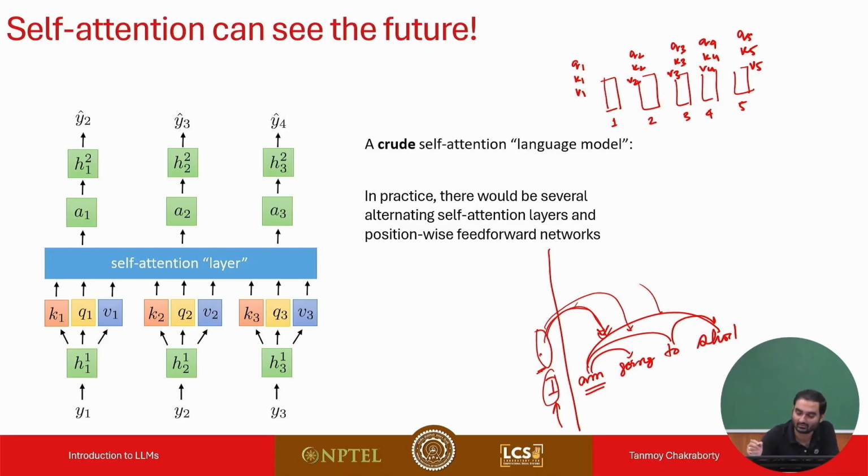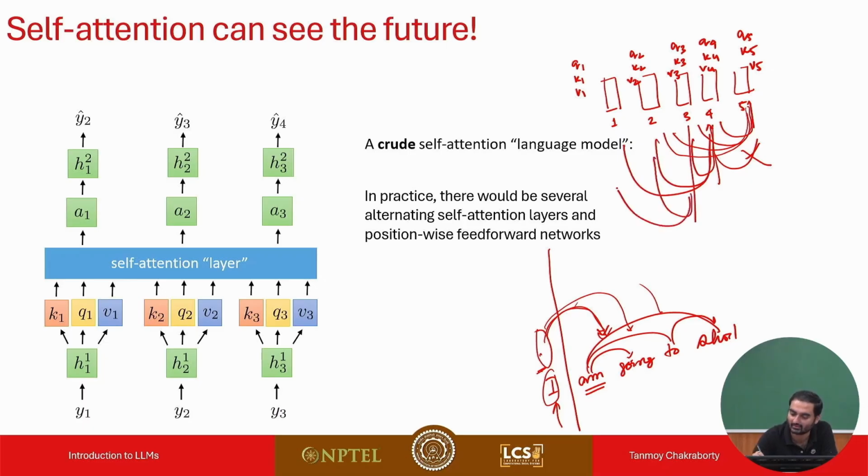We need to make sure that this hidden state will have access to all the previous hidden states. This is obvious, right? But the fourth hidden state will not have access to this one. It will only have access to third, second, and first. The third hidden state will have access to only second and first, and of course the state itself, third. The second hidden state will have access to state 2 and state 1, and so on and so forth.